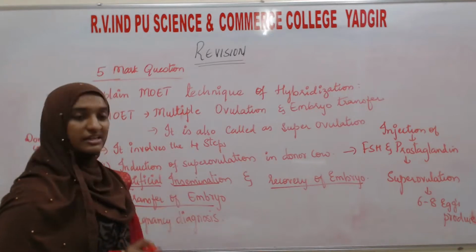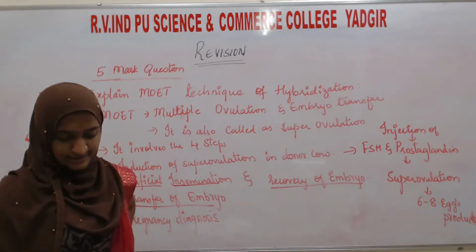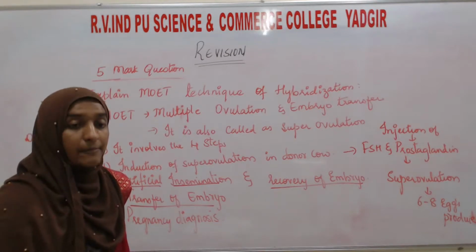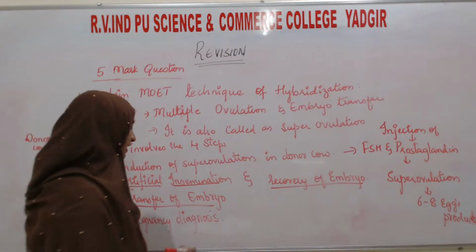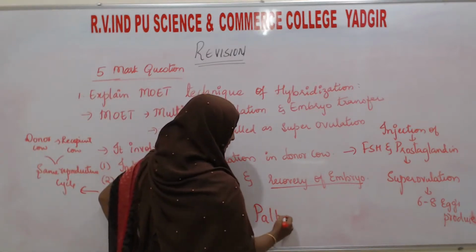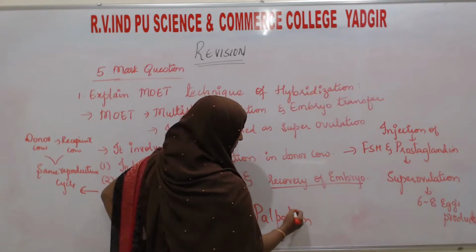Then the last one is pregnancy diagnosis. The pregnancy in the surrogate cow can be confirmed by palpation. By which method can the pregnancy be confirmed? That method is known as palpation.